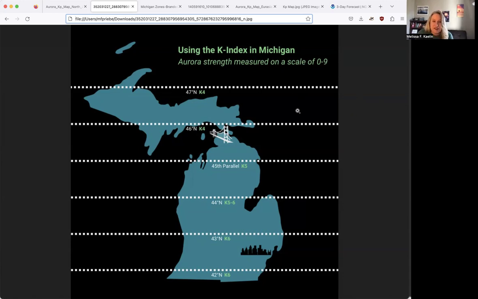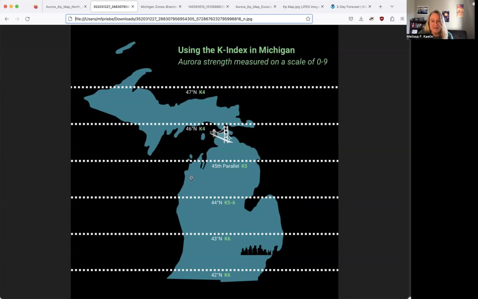But in general, we were saying, okay, at the 47th parallel, 47 degrees north, you can see K4. That's all you need to see aurora in the Upper Peninsula of Michigan. At 46 degrees north, you only need K4 to see visible aurora in the Upper Peninsula of Michigan.